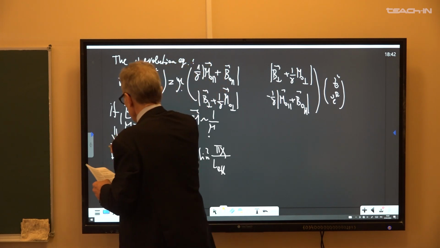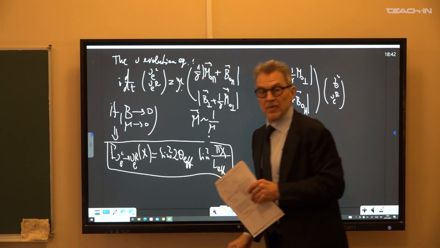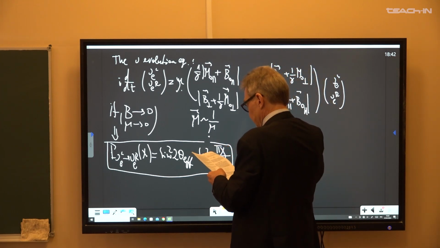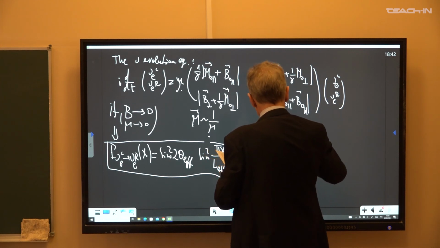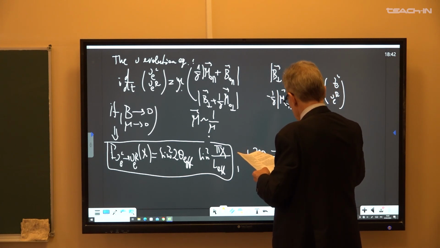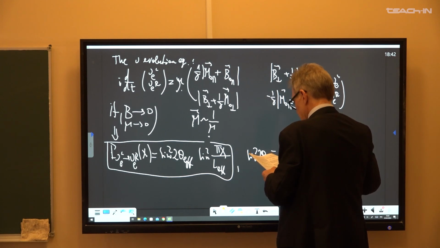So we get the usual expression for neutrino probability, where sine squared of the double effective mixing angle equals E squared effective divided by E squared effective plus delta squared effective.